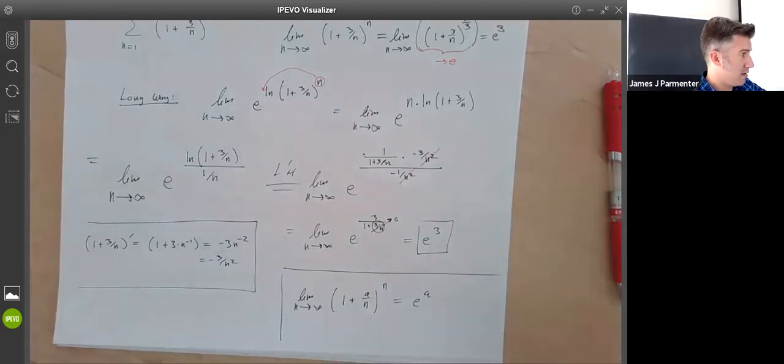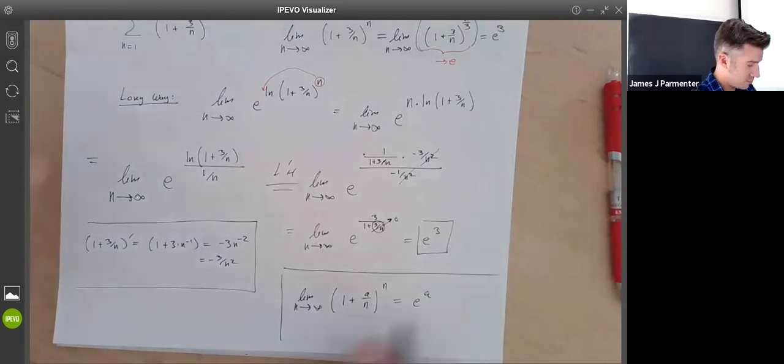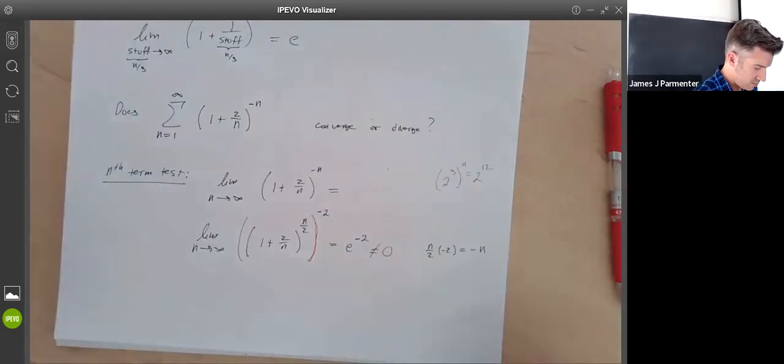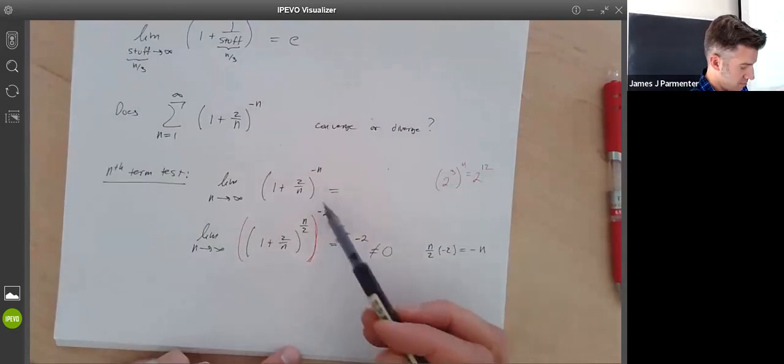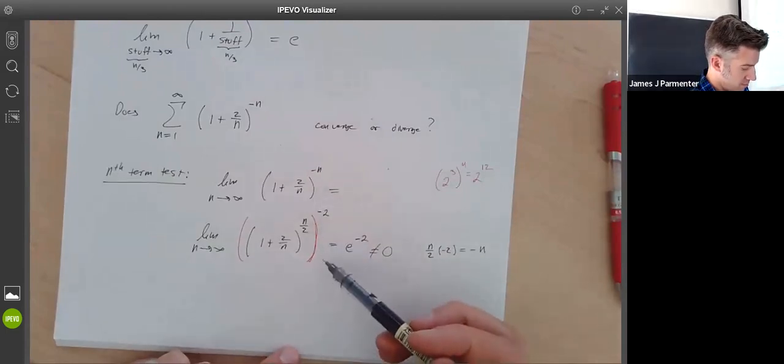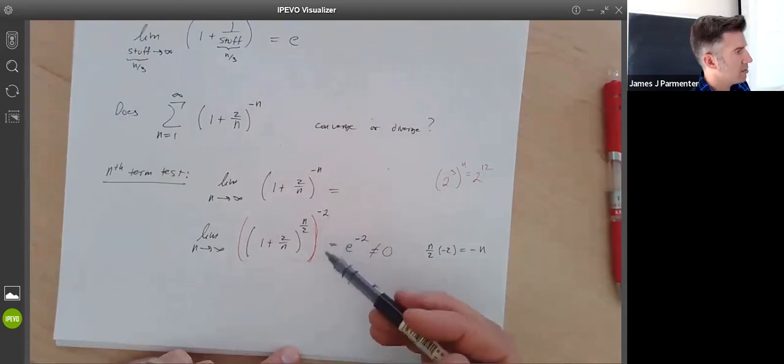I think that's what you're saying, right? Yeah, definitely, 100%. So for this problem, could you just do (1 plus 2 over n) to the n, and then raise that to -1, and then get that? I think so. Yeah.